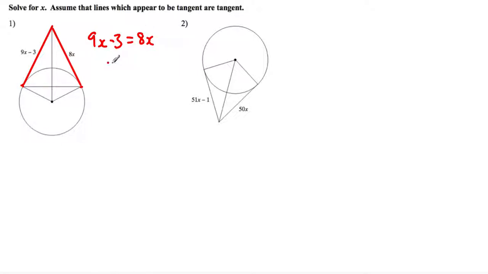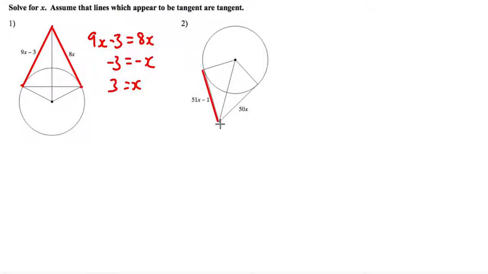I can subtract 9x from both sides, so I get negative 3 equals negative x. Divide by negative 1 to get x equal to 3. I can check that by plugging it back in. 3 times 8 is 24. 3 times 9 is 27, minus 3 is 24. Again, showing that both of these are congruent.